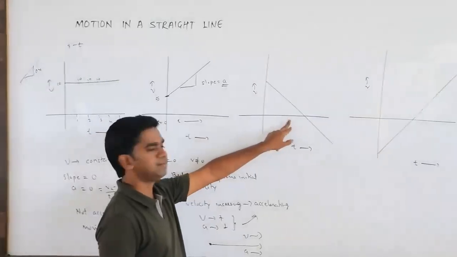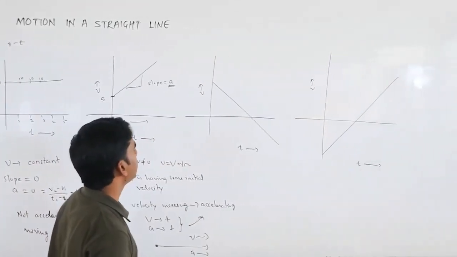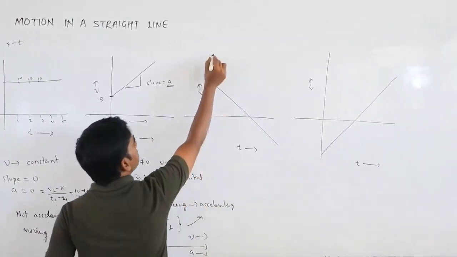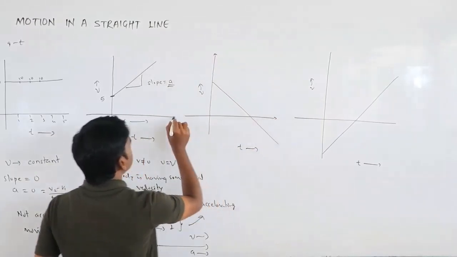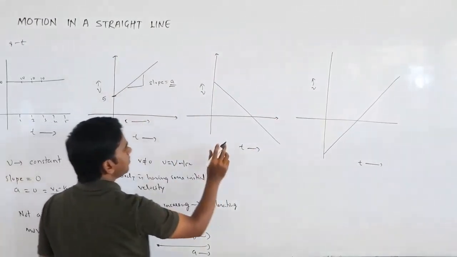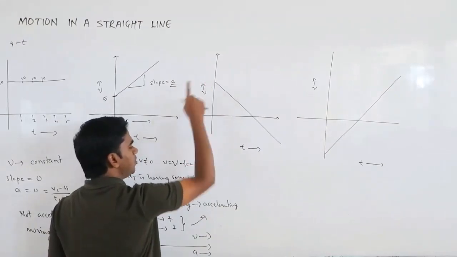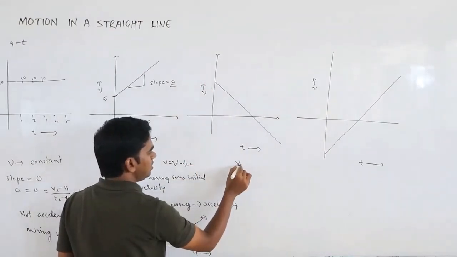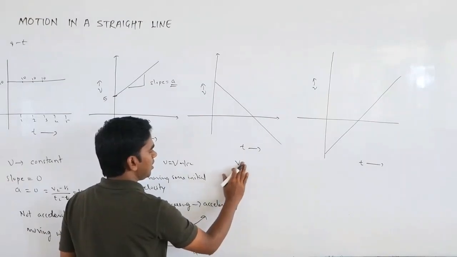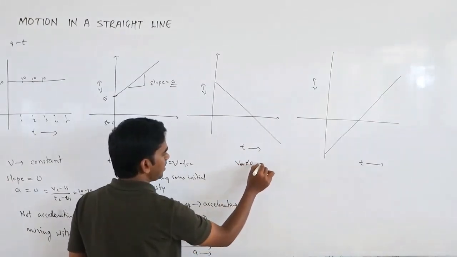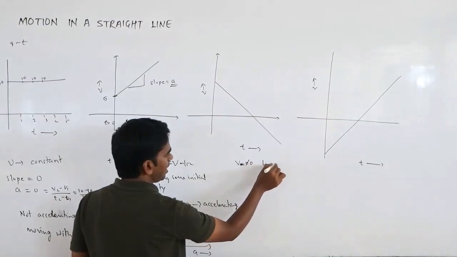Next, if we come to the third graph, again it is velocity-time. Now the initial velocity is not equal to 0, so I will take it as v naught, not equal to 0.